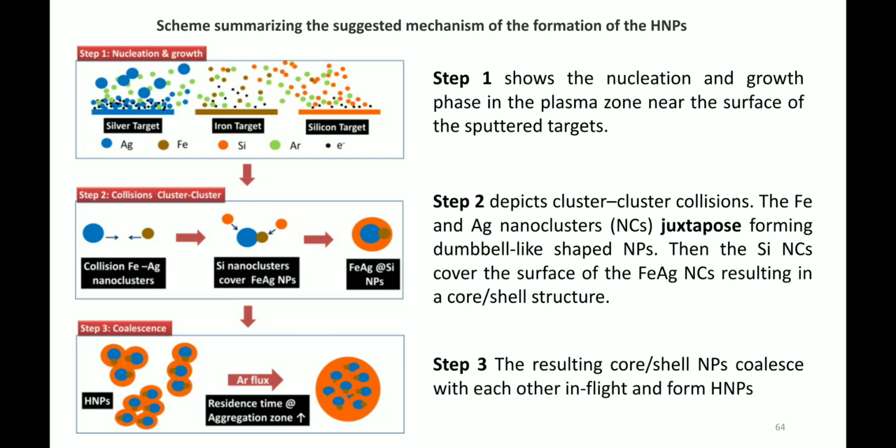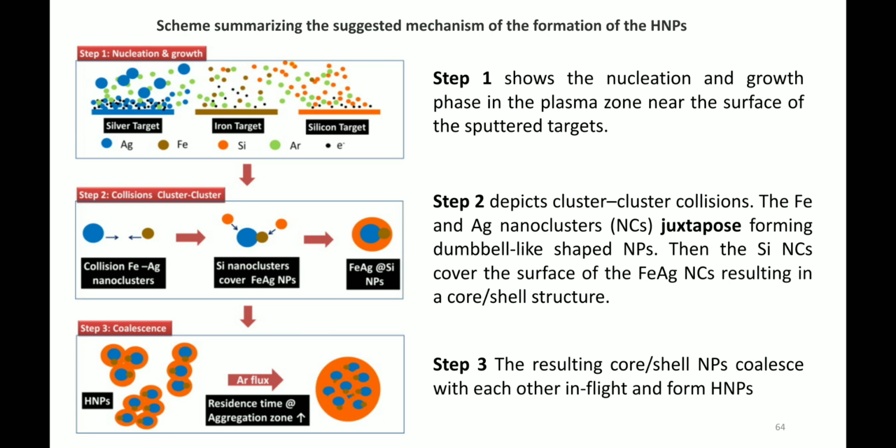Once they cover, inside in the core there are two metals, silver and iron, and you can see that the silicon nanocluster has formed a shell.